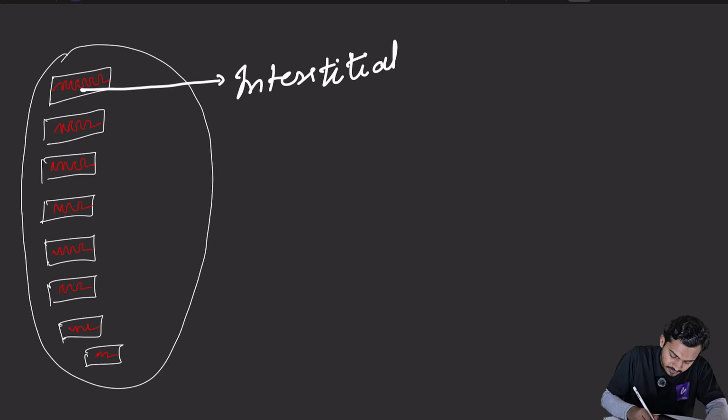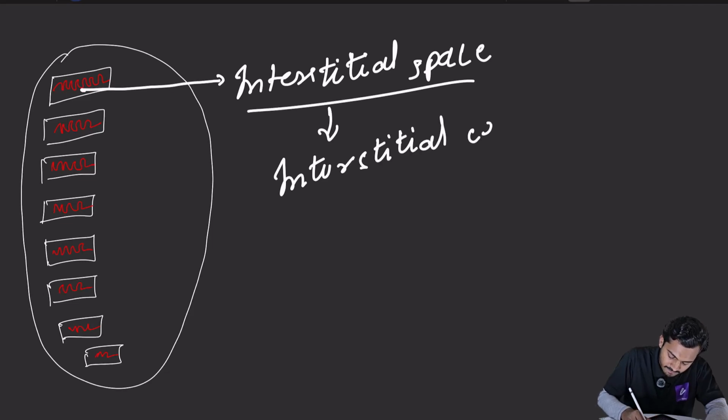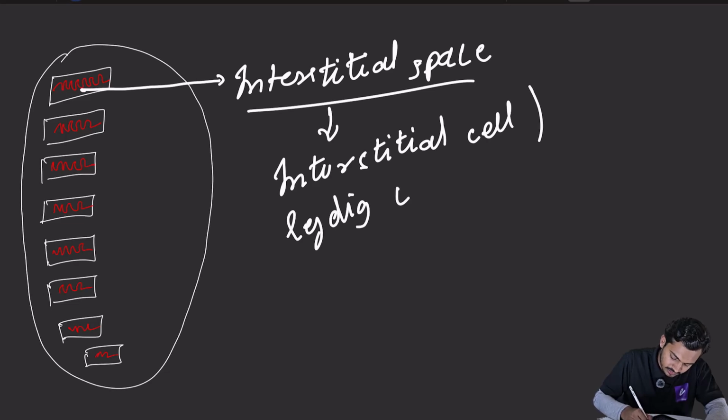And this interstitial space has cells called as interstitial cells or Leydig cells. Understood? Leydig cells.